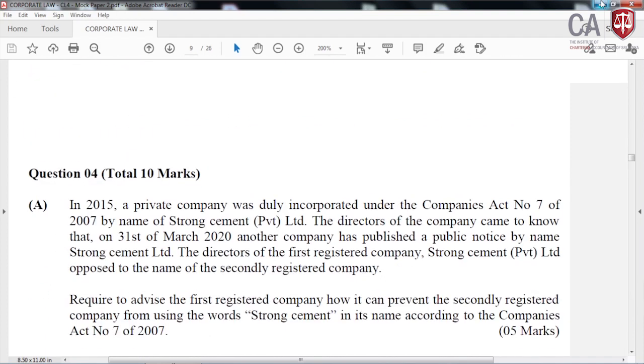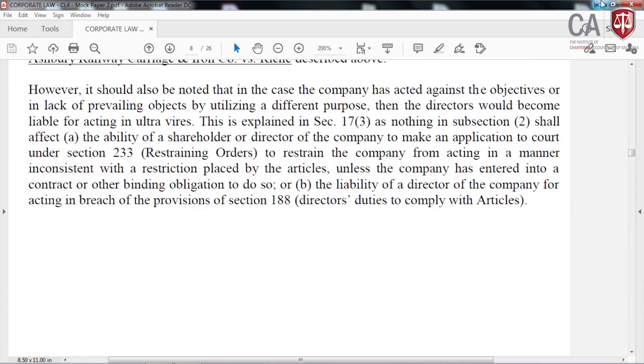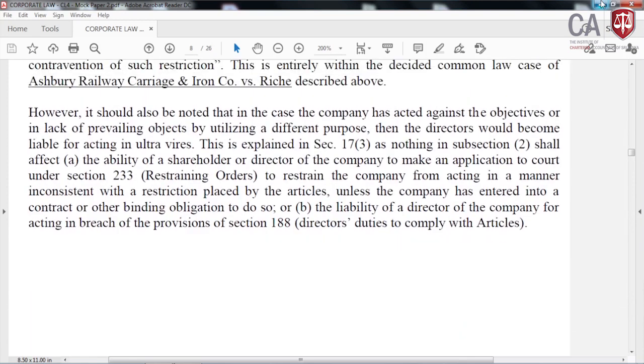So, I explained there in conclusion how this matter would fall within the meaning of our law, the Companies Act number 7 of 2007.